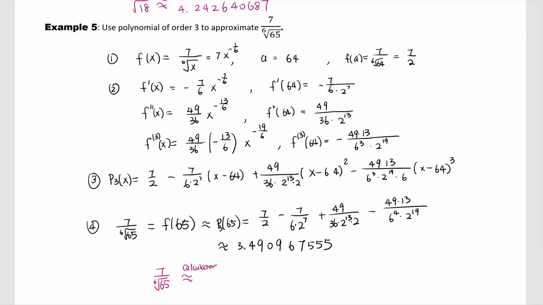What do we get? 7 times 65 raised to the 1 over 6 power equals 3.490967566. Wow, are they close? Yes, they're so close. So this is our answer for example 5.